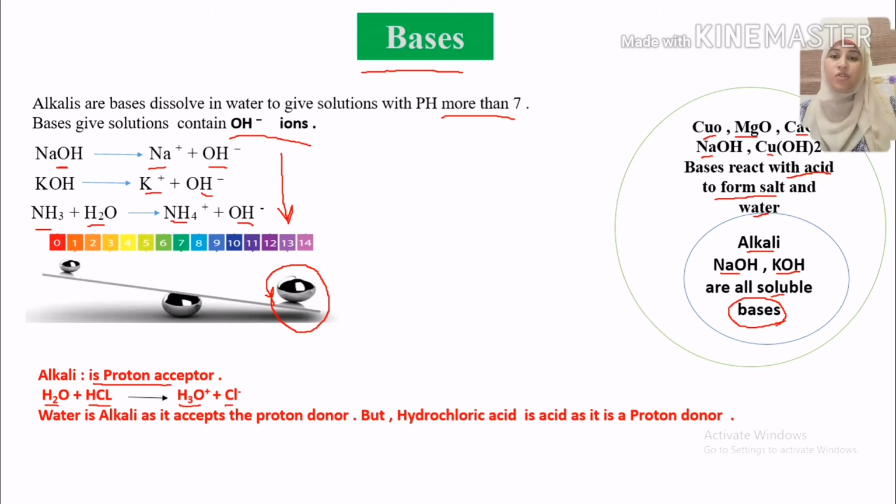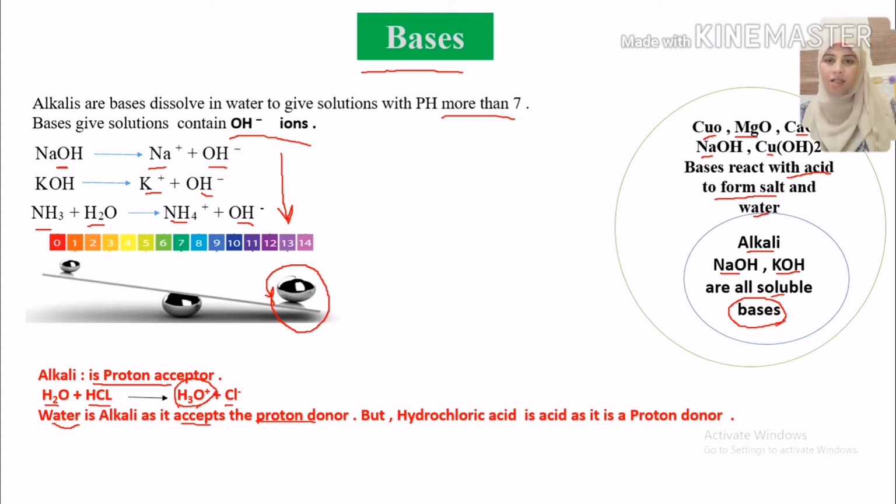An acid can lose protons, and bases are proton acceptors. Bases can accept protons. So we have water. Water will accept a hydrogen proton and convert from H2O into H3O. So we have an increase in hydrogen proton concentration. So water is a proton acceptor.